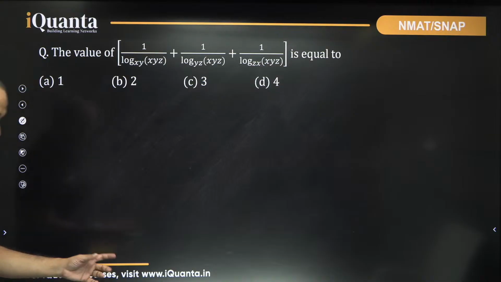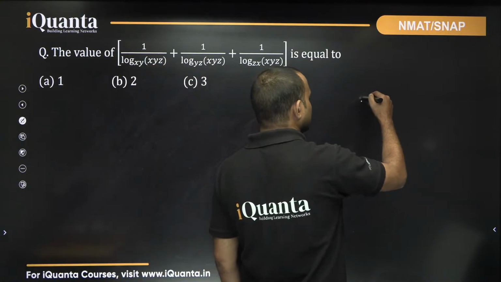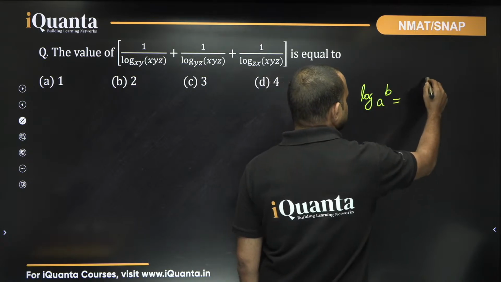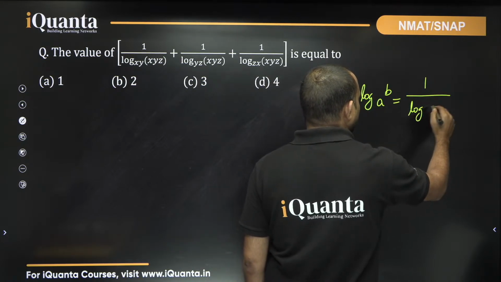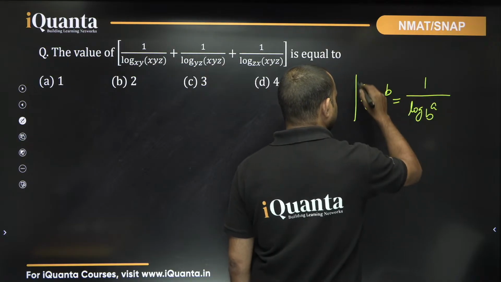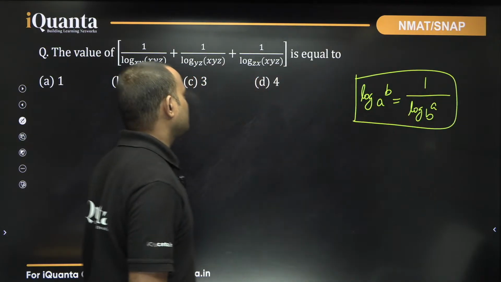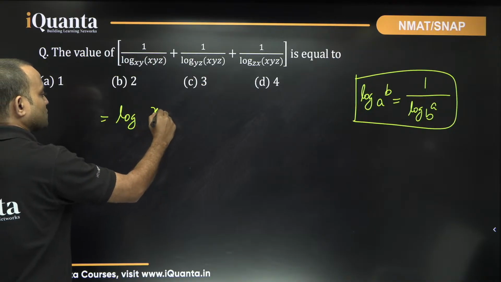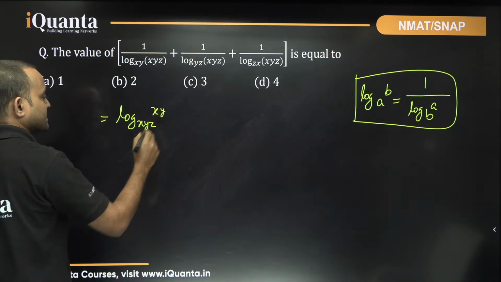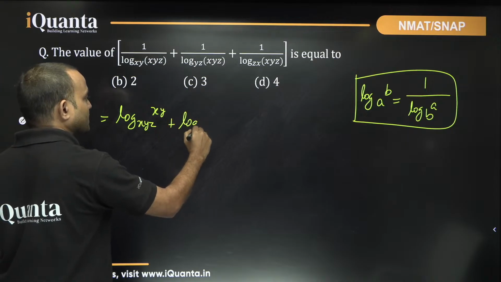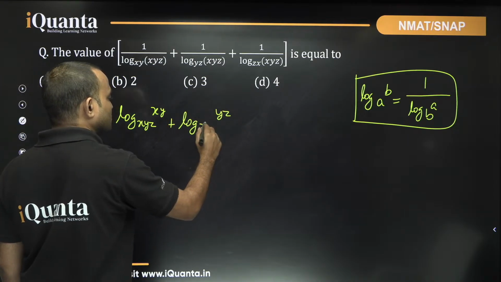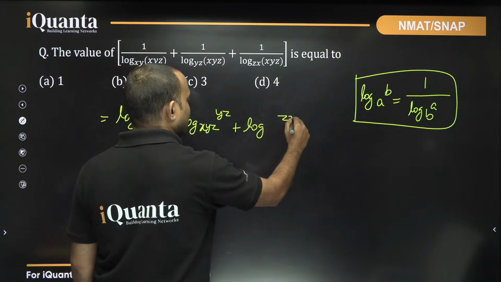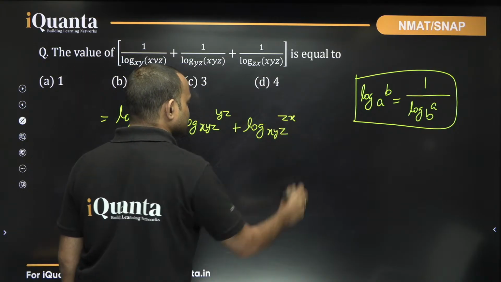So, once again, the concept that we are going to use here is log B base A is equal to 1 upon log A base B, or vice versa is also true. So can I write this as log xy to the base xyz, plus the next term log yz to the base xyz, and then the next term log zx to the base xyz.